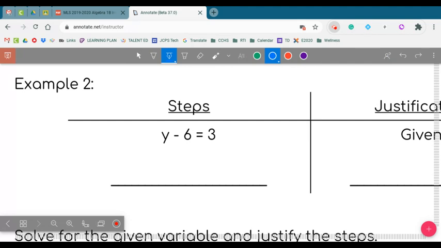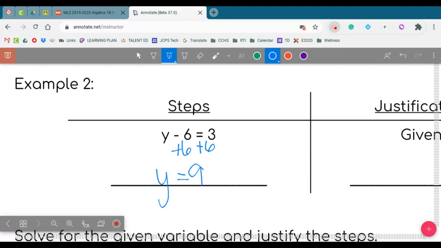Okay, so we have y minus 6 equals 3. So we're going to do the opposite. So we're going to add 6 to both sides. We're going to get y equals 9.